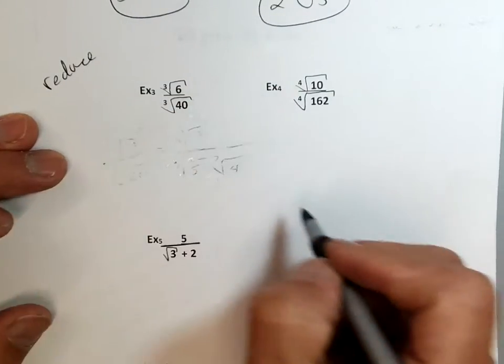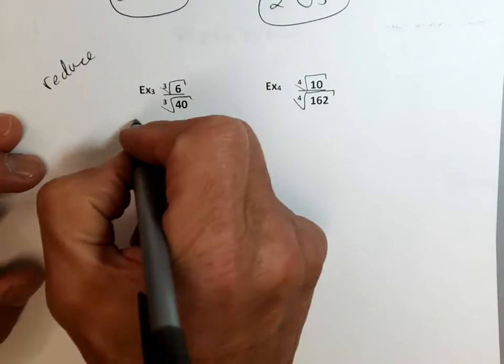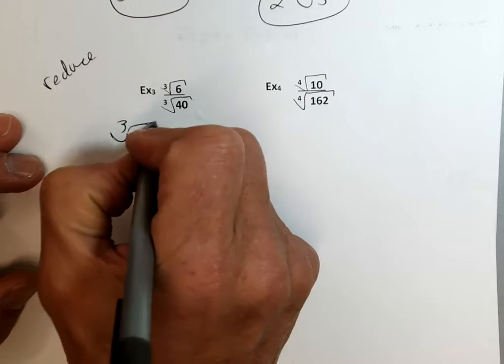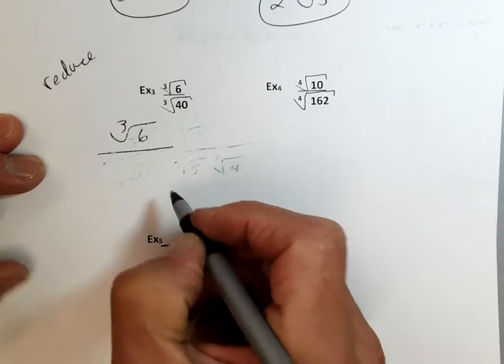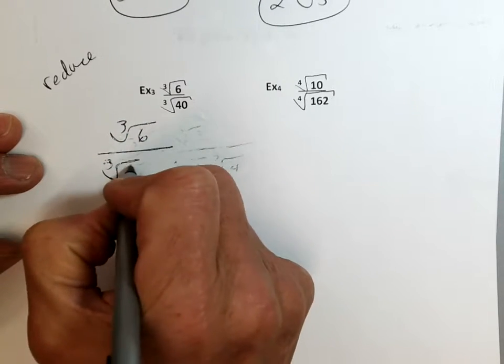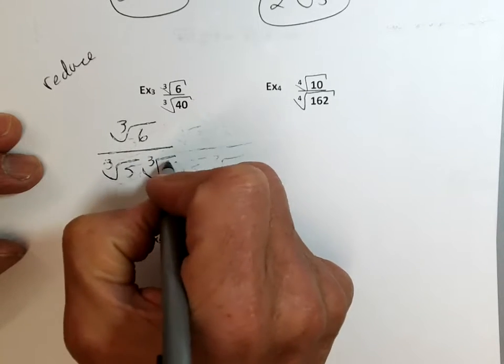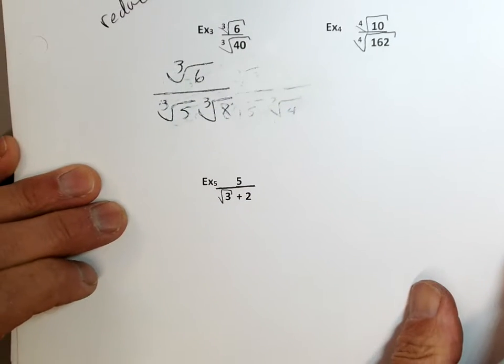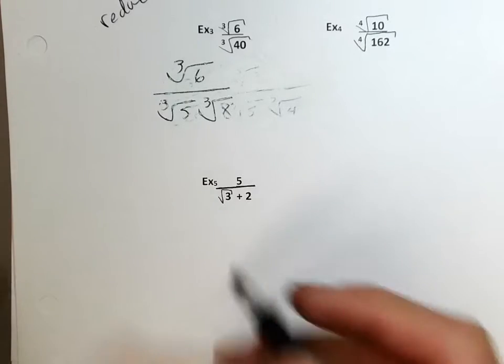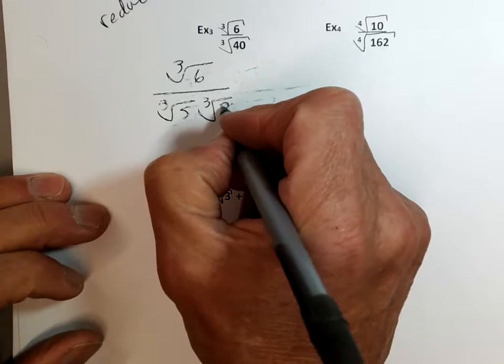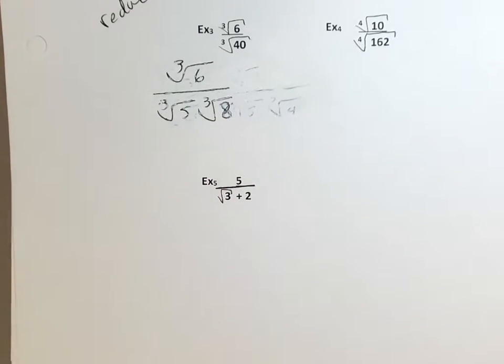You ready? Cube root of 6 over the cube root of 5 times the cube root of 8. All right. Hopefully this is going to seem easier.